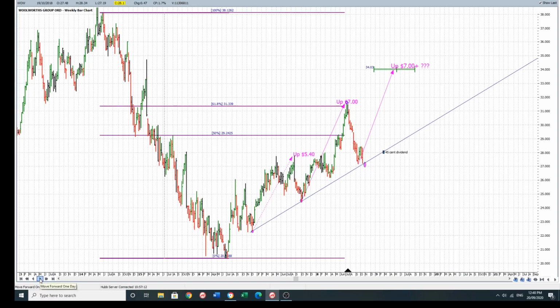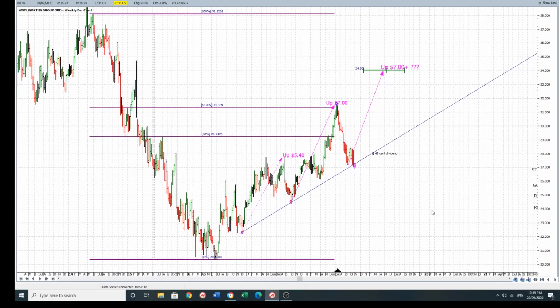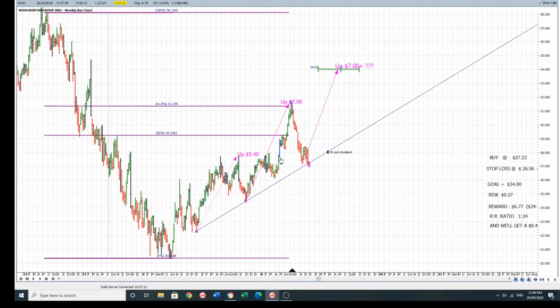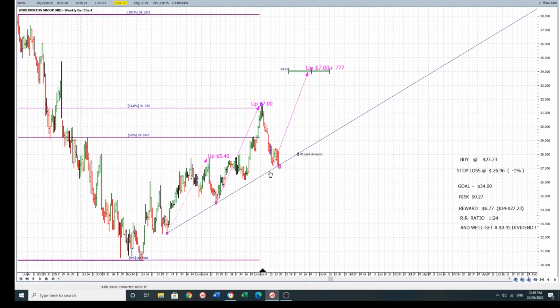What we've got there is it's almost right on, and I won't go into the particular details, but I always used to, at the very start, wait to see if it would touch it, which it has today, during that week. So it's touched the line, we can buy that stock. So we will buy Woolworths at $27.23.